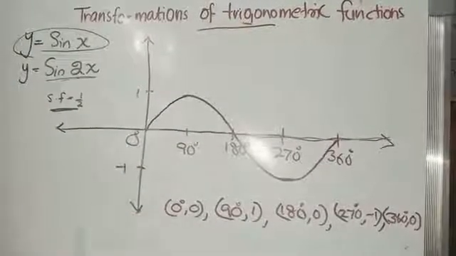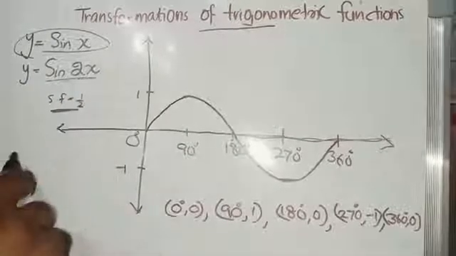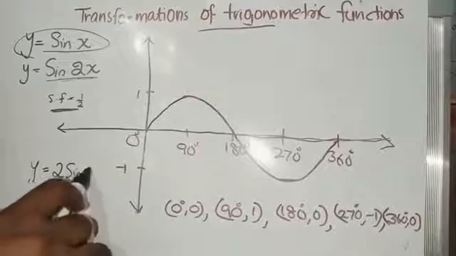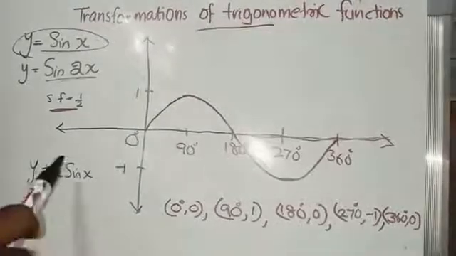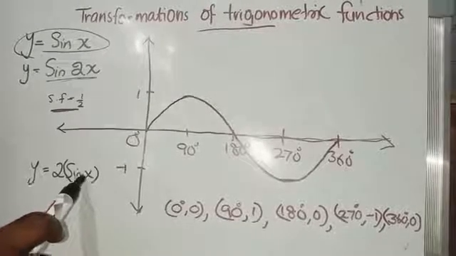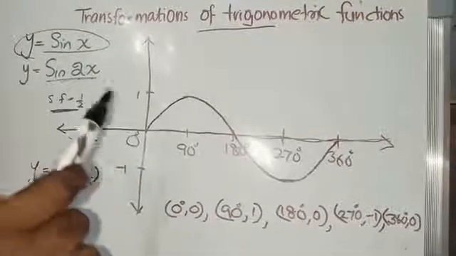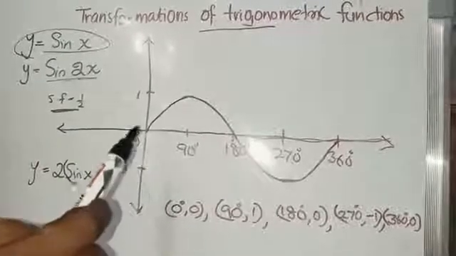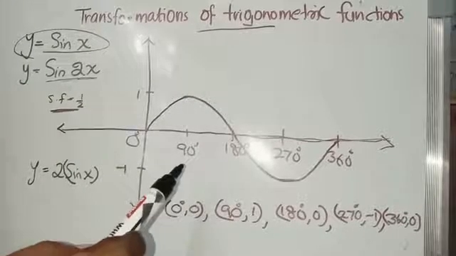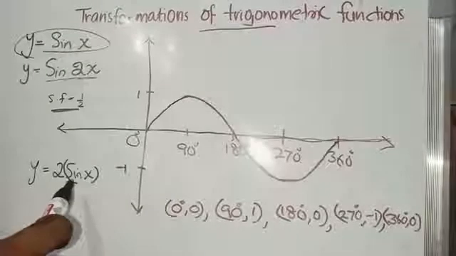In the previous question, it was y is equal to 2 sine x. The stretch happened to the overall function. That was vertical stretch, and in vertical stretch the amplitude got affected. The change happened to the amplitude and the period remains the same.